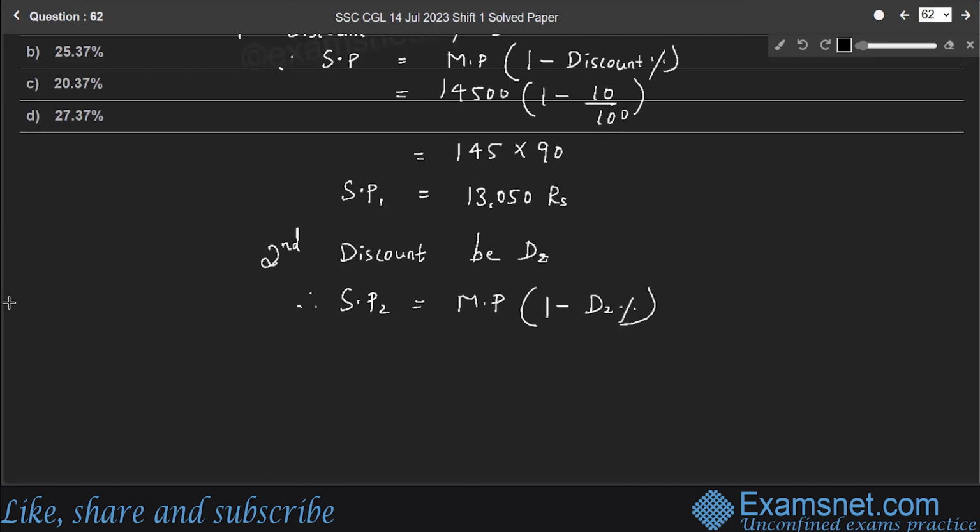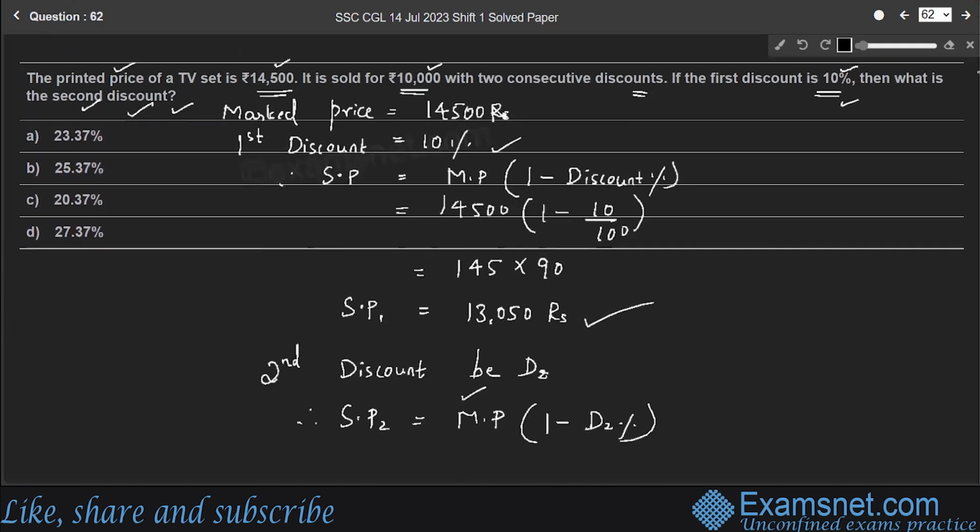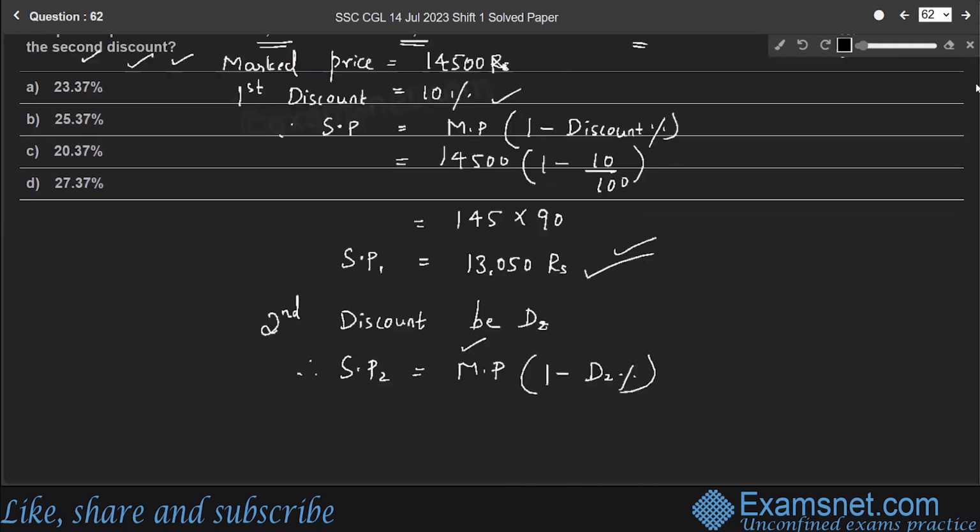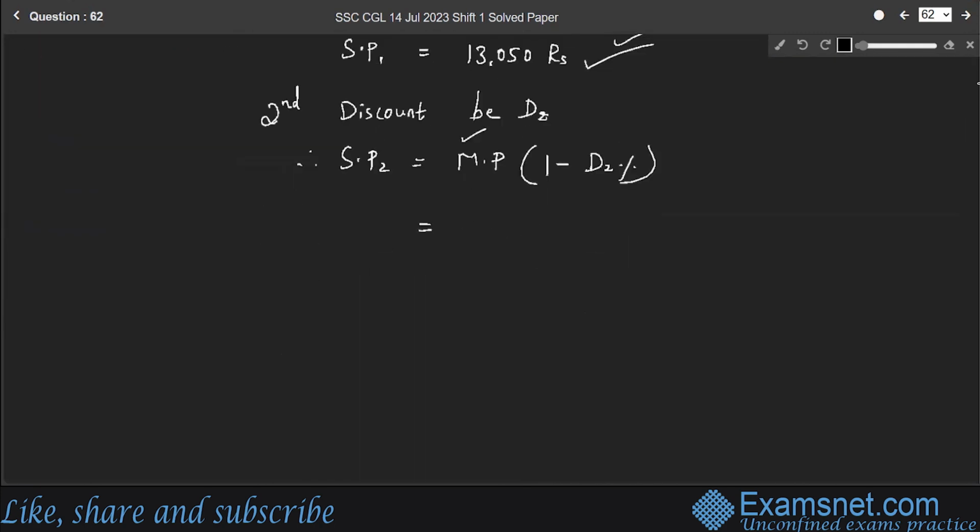Here the selling price 1 will be the marked price for the second discount. Right? The second discount has been given on the first selling price, because two consecutive discounts have been given. So this is 13,050 rupees into 1 minus D2 by 100.